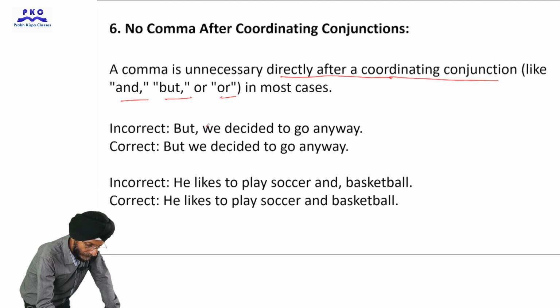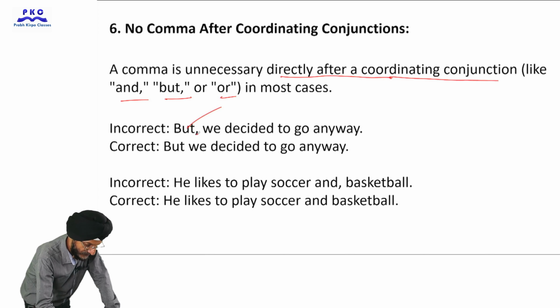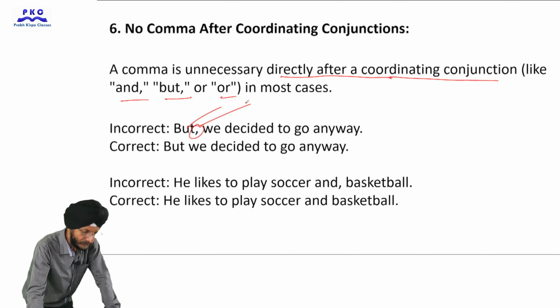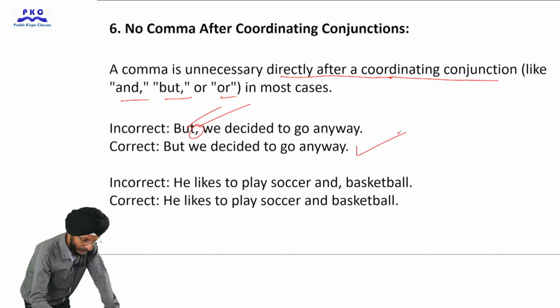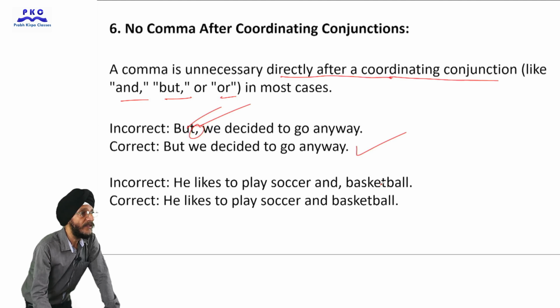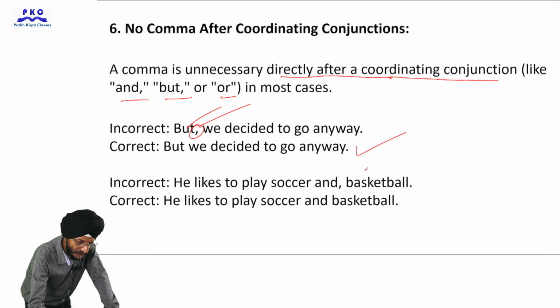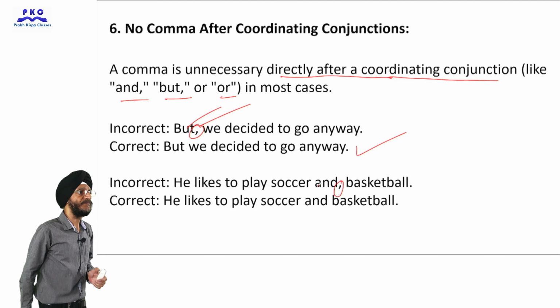Here, but is a coordinating conjunction, and here is a comma, it is unnecessary. Correct is this, without the use of a comma. Another example is, he likes to play soccer and, basketball. Here again, after a coordinating conjunction a comma has been inserted, it is unnecessary.